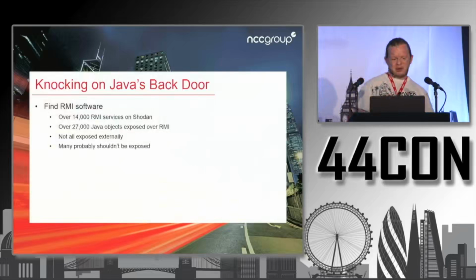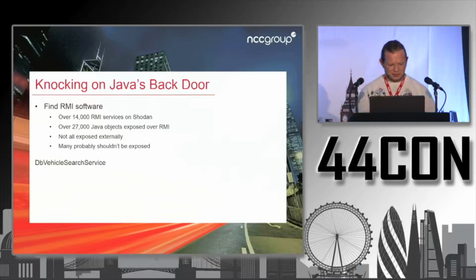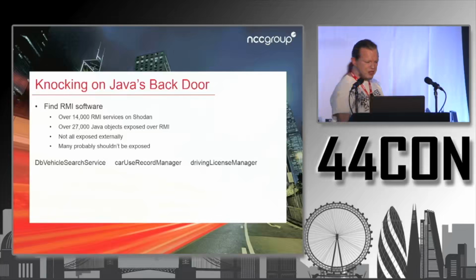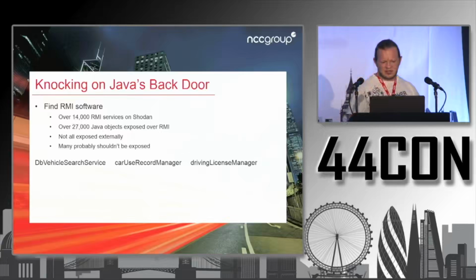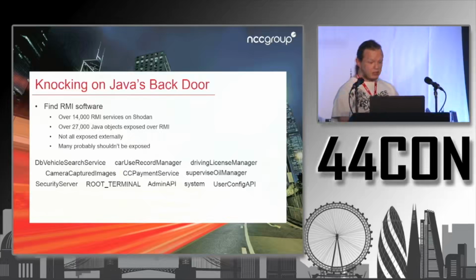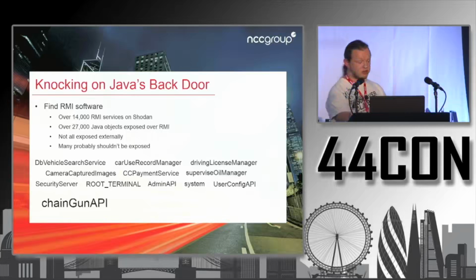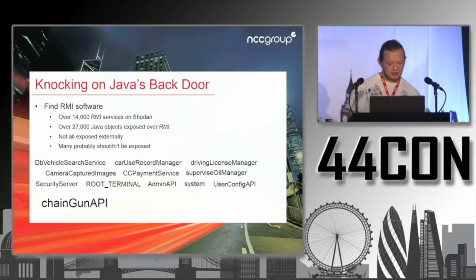A lot of these probably shouldn't be exposed. So I've got some examples here. Vehicle search service, driving license manager, camera captured images, CC payment service, root terminal, admin API, system, chain gun API, that sounds fun.